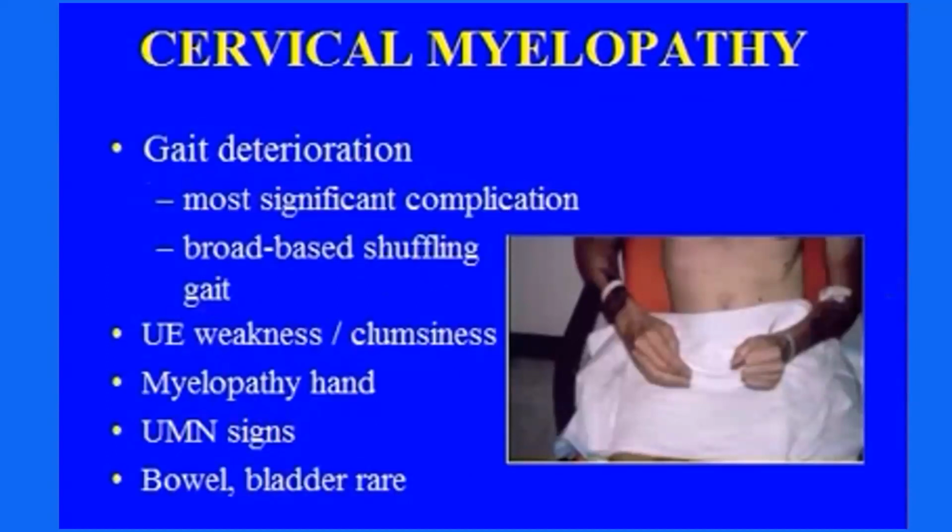The patient will have a gait deterioration, which is the most significant complication. They have a broad-based shuffling gait. They have upper extremity weakness. They will come to your office saying, I cannot button my shirt anymore. They will have signs and symptoms of an upper motor neuron lesion. And they will tell you, I've lost control of my bowel and bladder. But this is rare.